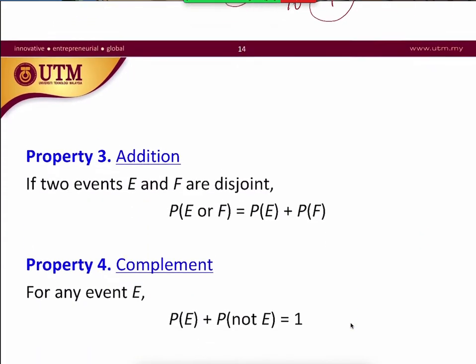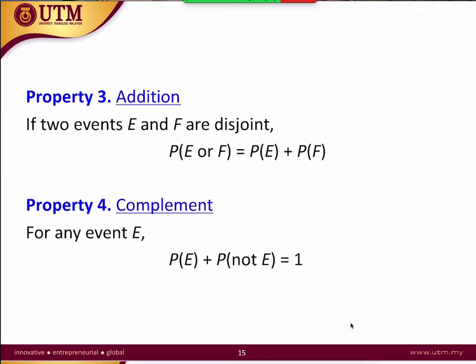In an event where we have two situations that are disjoint, meaning two totally different events, for example, the chance to get an even number and the chance to get a prime number, when you want the possibility of two different events happening, you just add them up.